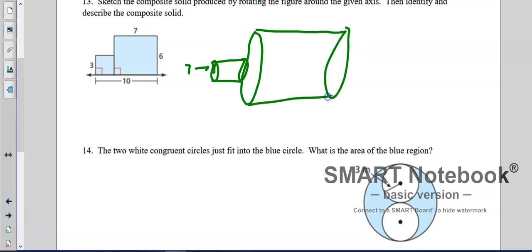You can see I gave up a career in art, with a radius of 6. This is 7. And this is 10. And that's what it would look like. Kind of like a water jug, like you see at water coolers. It kind of looks like that.